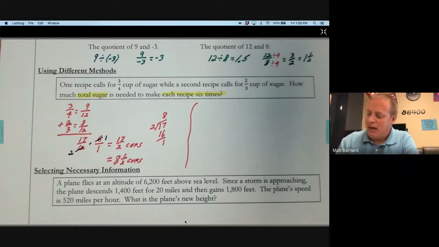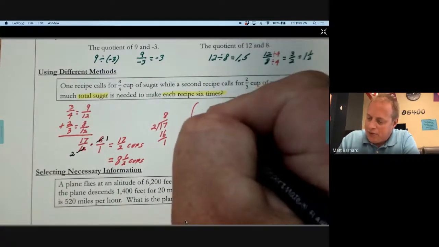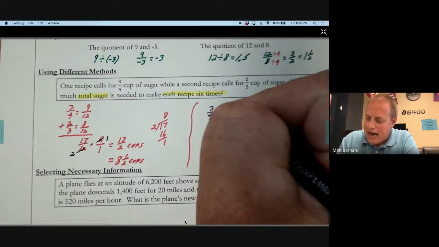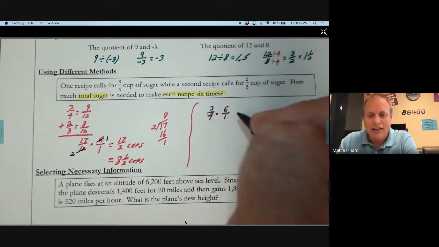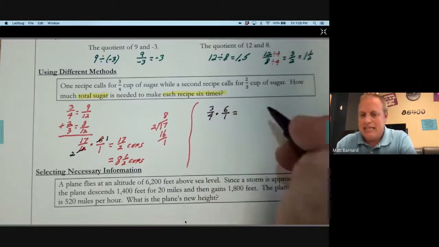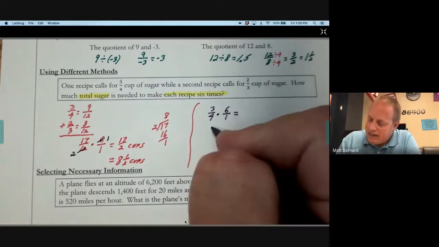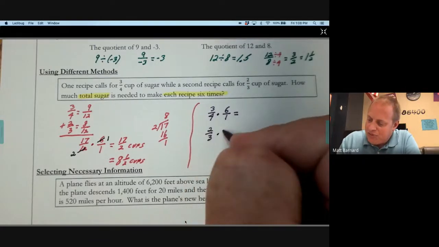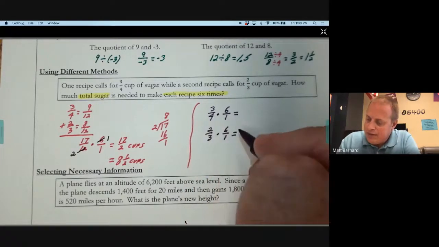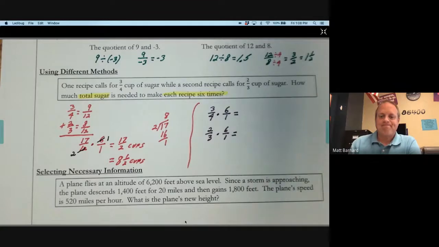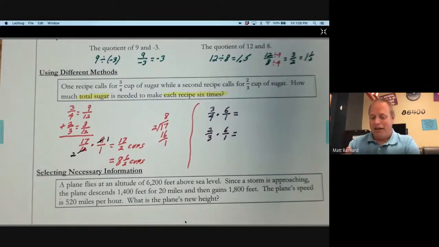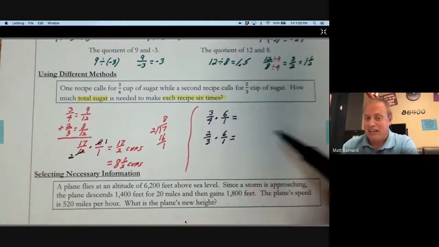Namely, I could have taken 3/4 and multiplied it by 6/1, because that would have given me the total amount of sugar for 6 of the first recipe. And then I could have taken 2/3 times 6/1 for the second recipe.